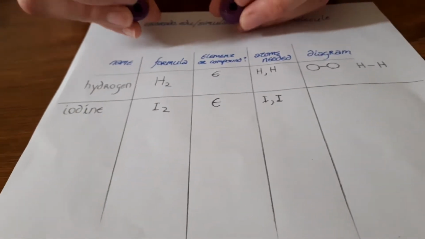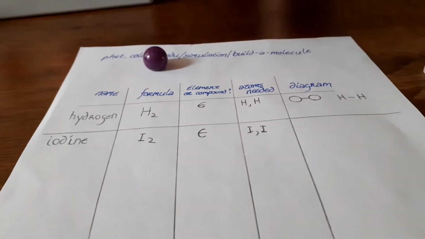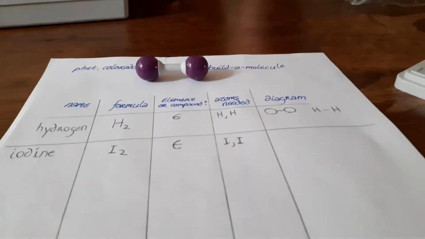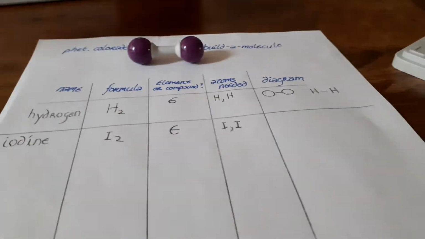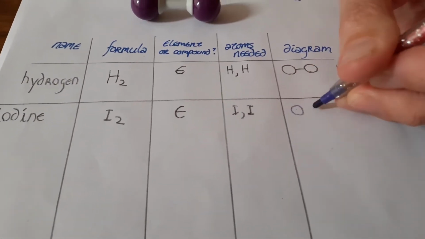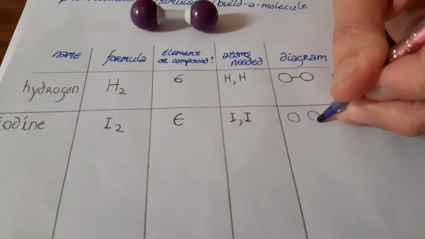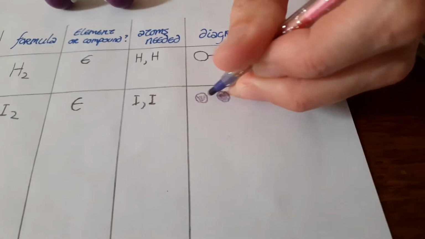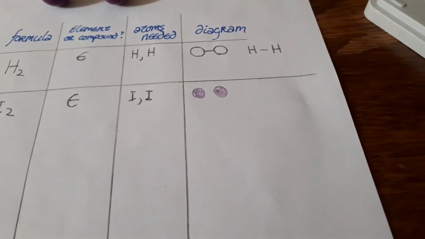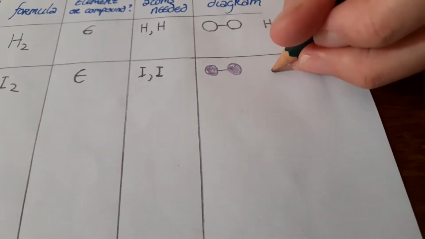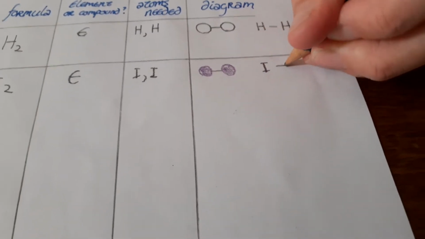And again, there's only room for one join, so it joins together like this. And that's going to look like two purple circles joined together. Or again, you could write it I.